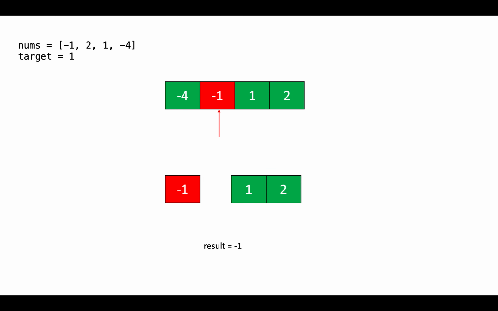The next thing is to traverse the element at our index 1. This time we should leave the -4 alone, we do not need to consider it. This time we also split the array into 2 parts, and this part is fixed, and we want to use the number -1, and we should find the 2 other elements in this part to create our sum.